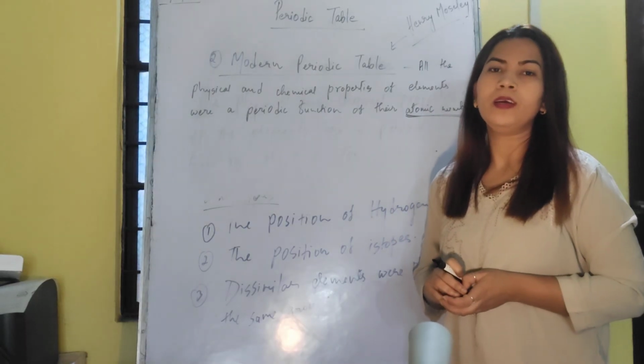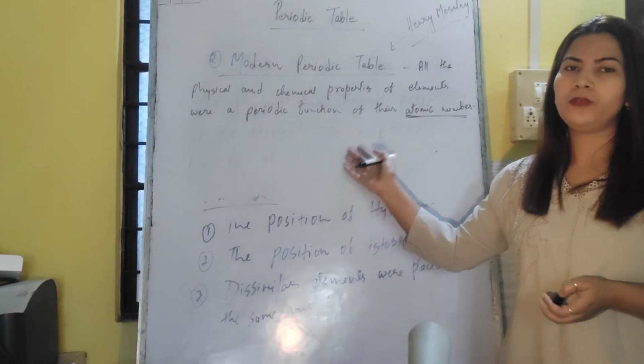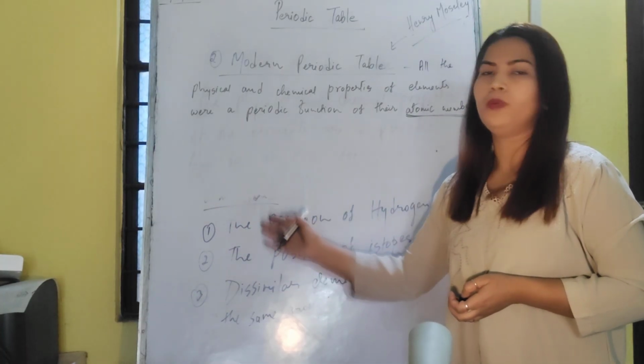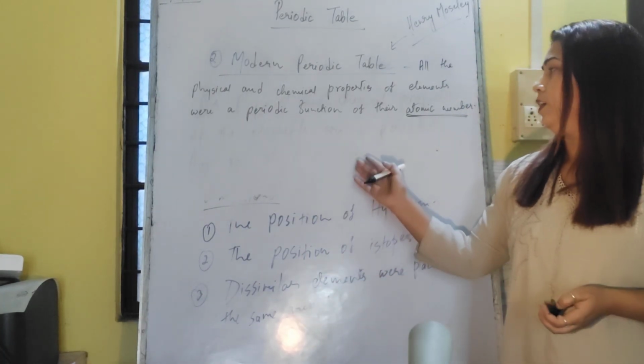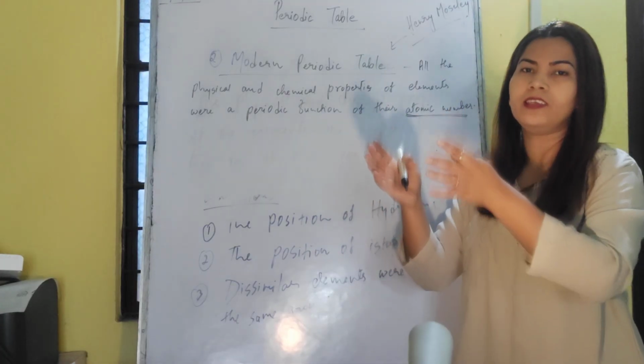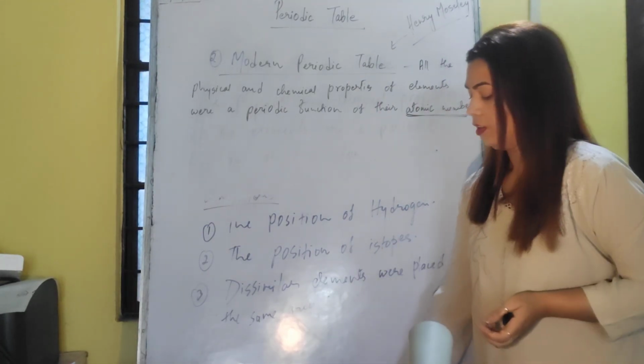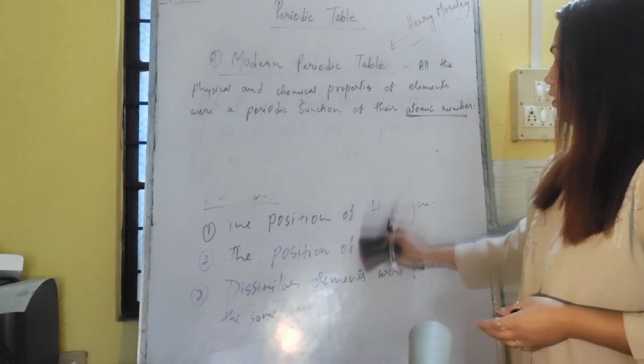He arranged most of the elements in a systematic pattern, in the form of rows and in the form of groups. And all the similar elements were falling in the same group, which were related to their atomic number. So let me give a short diagram.